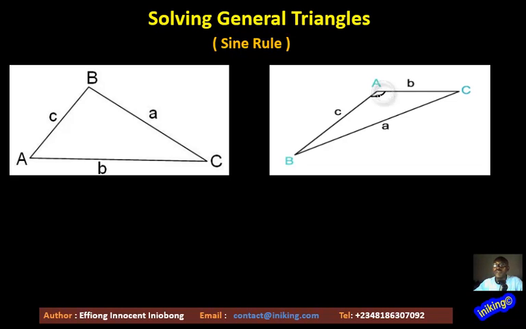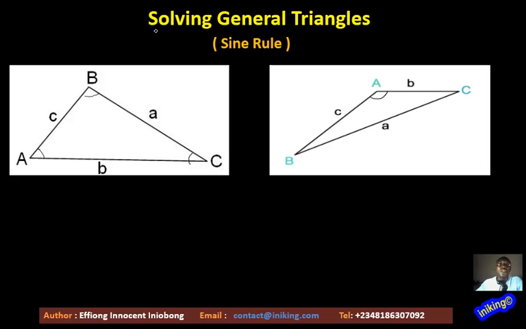This kind of triangle is referred to as an obtuse angle triangle. But in the first triangle to our left, all angles A, B, and C are obviously less than 90, so we refer to such a triangle as an acute angle triangle.